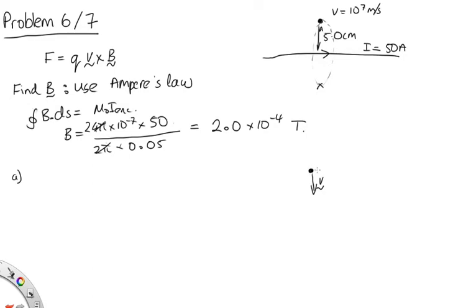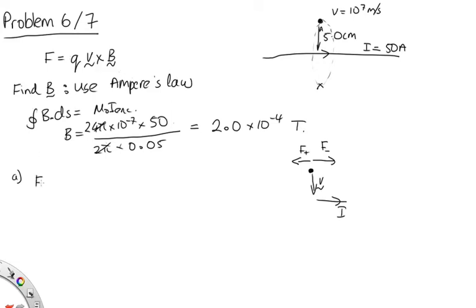Okay, so V cross B, this will have a force in this direction if it was a positive particle. However, Q is going to be negative, so that's going to switch our direction. So this is F for positive, so the force on the negative particle will be parallel to the current here. You can see that the current's going in this direction, so this force is parallel to the current. So that will be the direction.